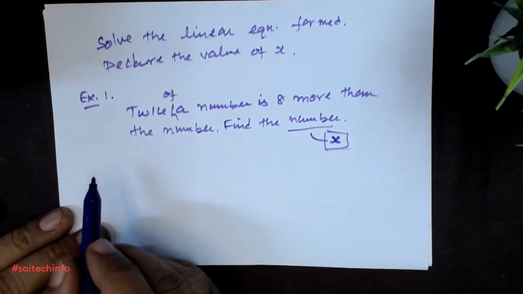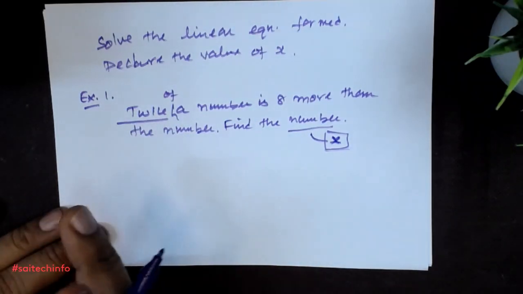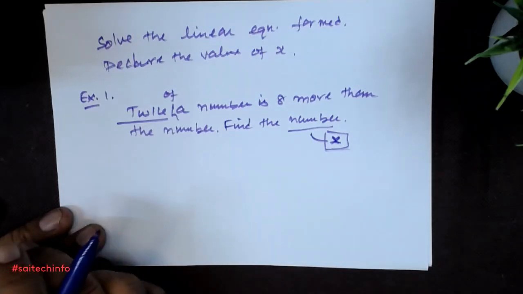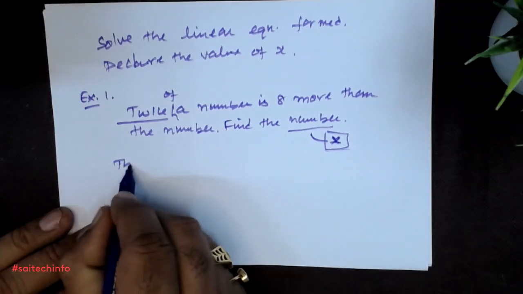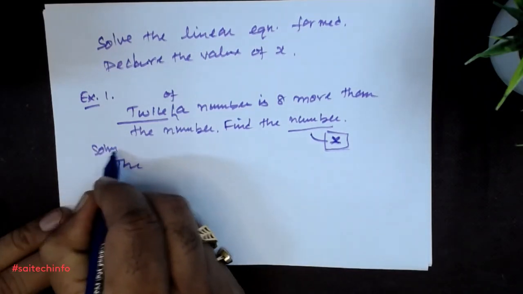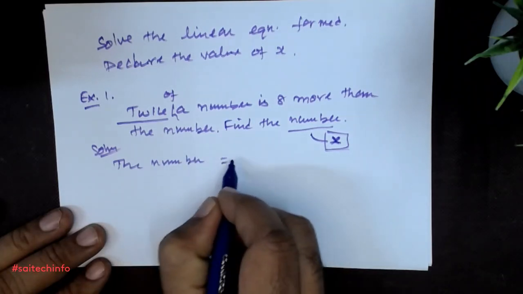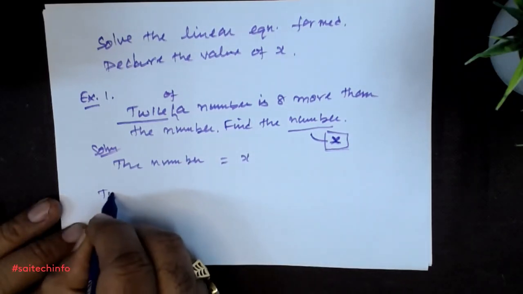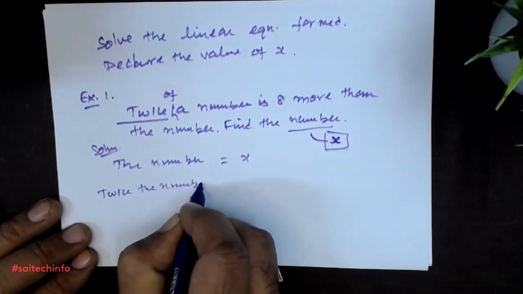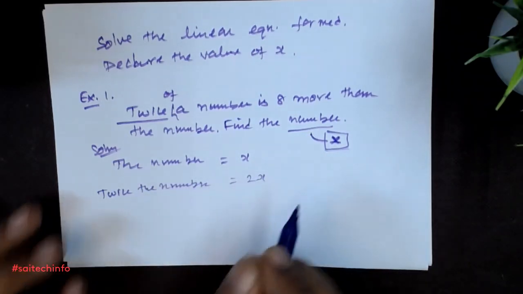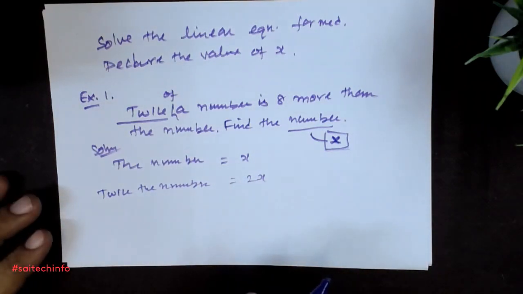And then you just follow this word twice. Twice the number means 2 into, is it not? So twice the number. Now you can proceed with the solution like this. The number can be x. Twice the number is 2x.